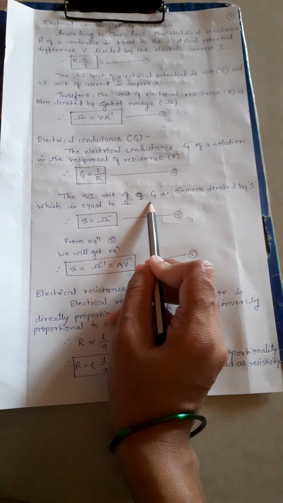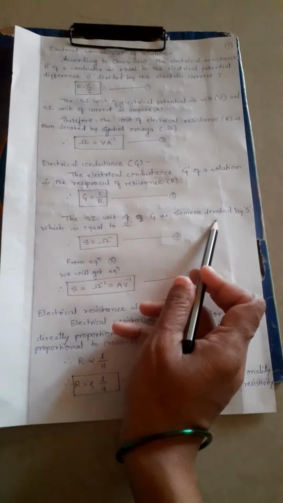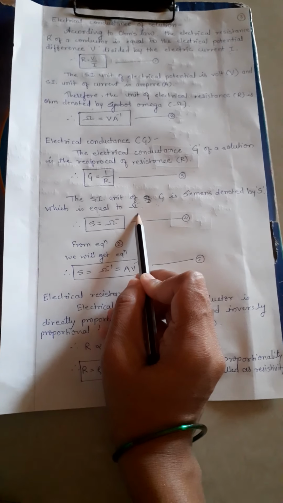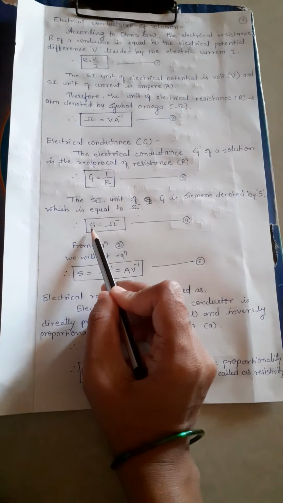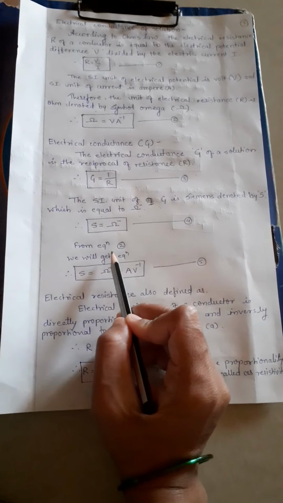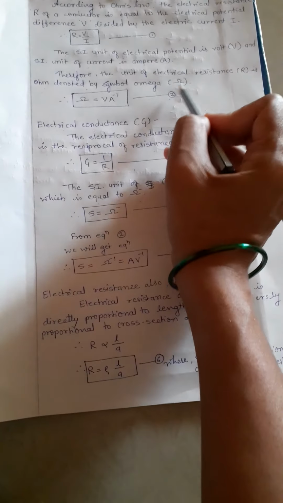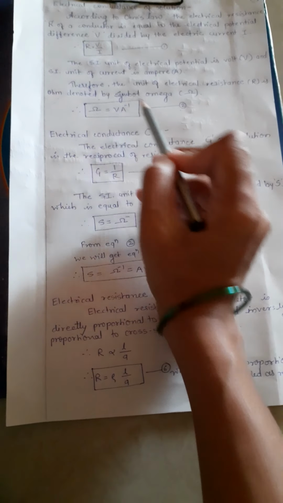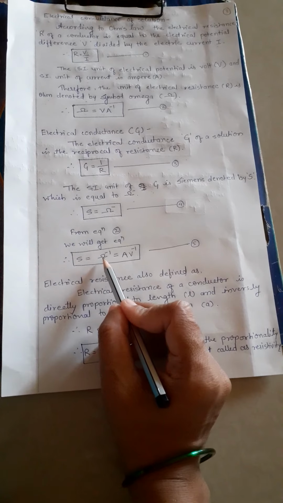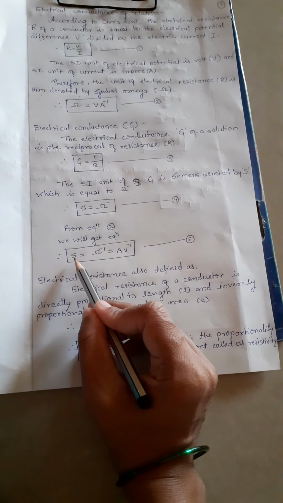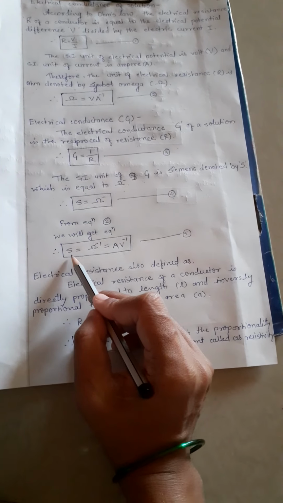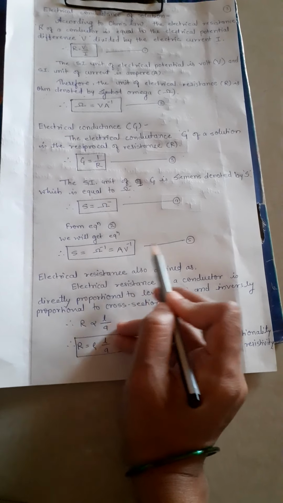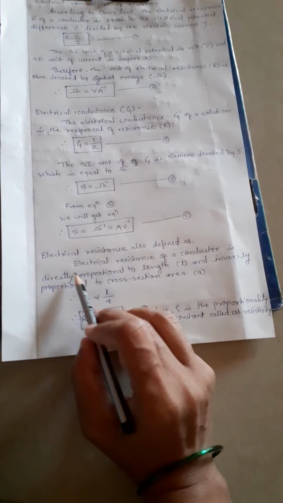The SI unit of G is Siemens, denoted by capital S, which is equal to ohm inverse. From equation 2, ohm is equal to volt ampere inverse. So, we put the value of ohm in equation 4. Therefore, Siemens is equal to ohm inverse, which is equal to ampere volt inverse, equation number 5.